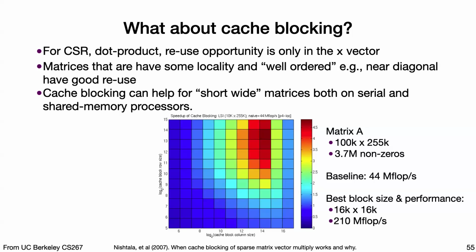The reason for that is you try to get the blocks to fit into the cache. And in this profile, the baseline, probably regular CSR, is 44 megaflops per second. And at 16K by 16K blocks, they get up to 210 megaflops per second on this particular matrix.